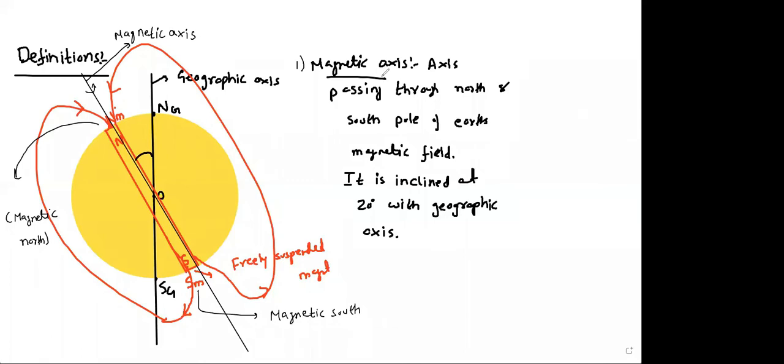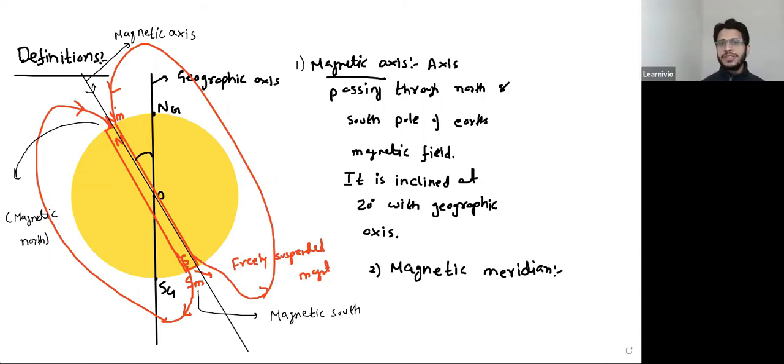That's magnetic axis. After magnetic axis, we have a few planes, like one is magnetic meridian. Magnetic meridian is basically a plane which is passing through a freely suspended magnet. If you take a freely suspended magnet, a magnet which aligns itself in the north-south direction, and you take a plane passing through this freely suspended magnet, then this plane is known as magnetic meridian.